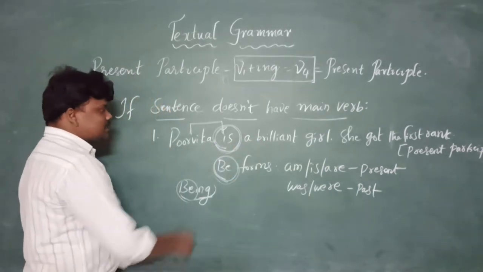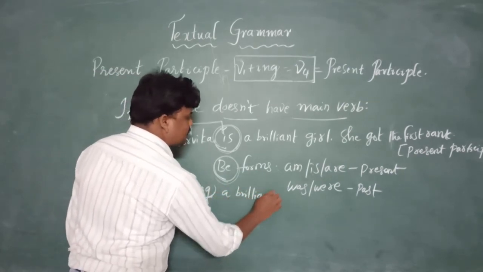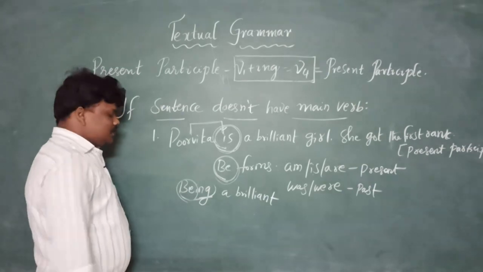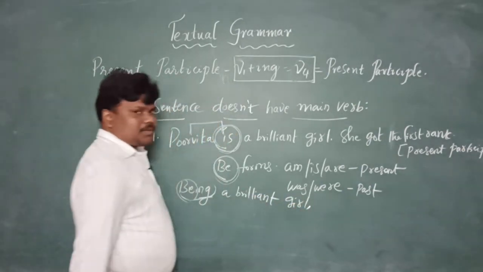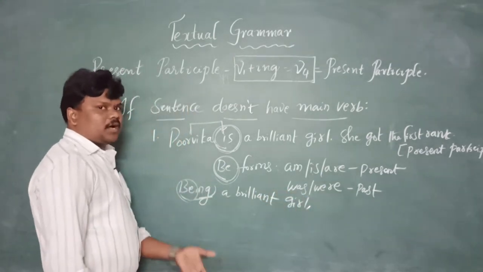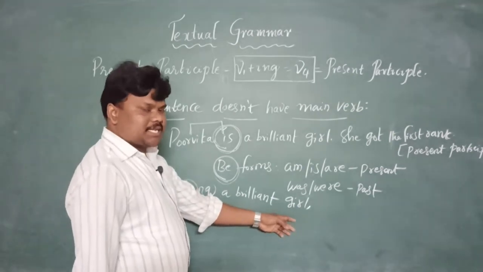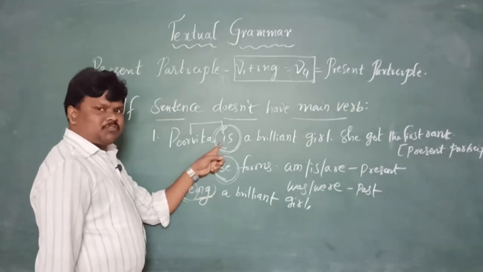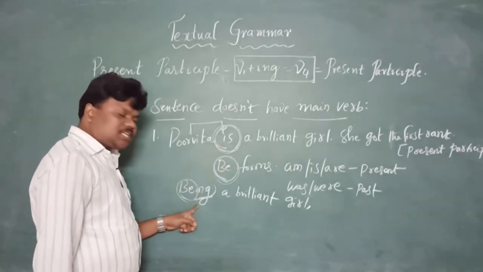Now the answer is being a brilliant girl, not easing, being a brilliant girl, comma compulsory. If you forgot to keep the comma, then you will be in coma. Being a brilliant girl, compulsory, being, as there is no main verb, as it is a be form, so that's why I add ing form for that.